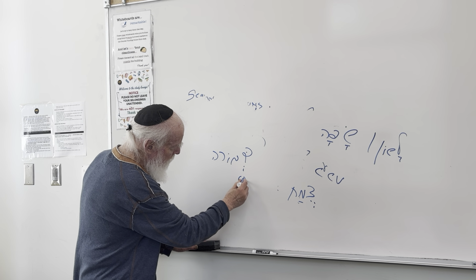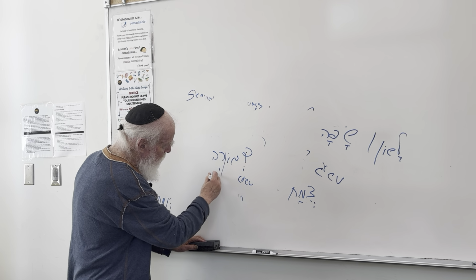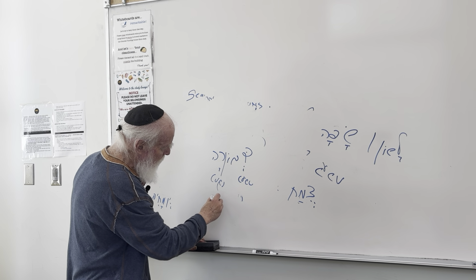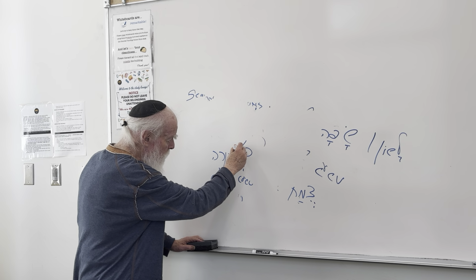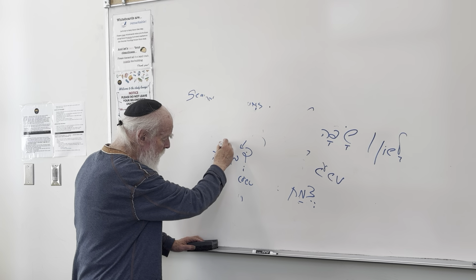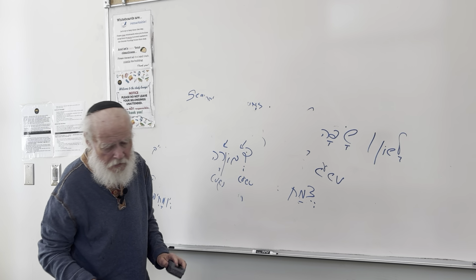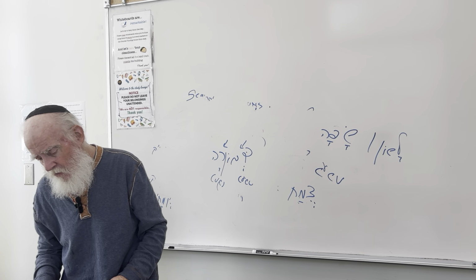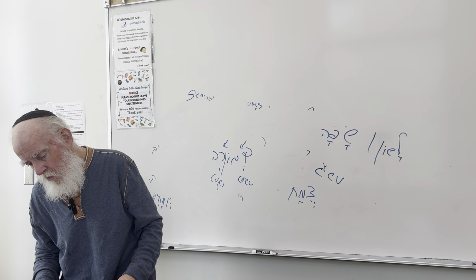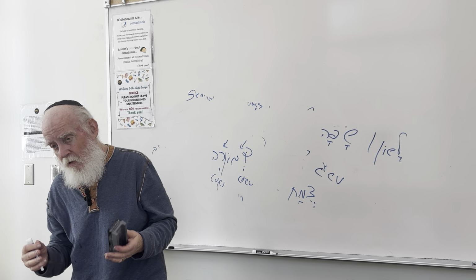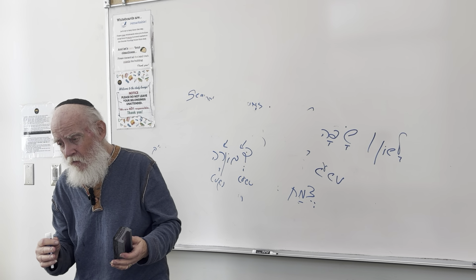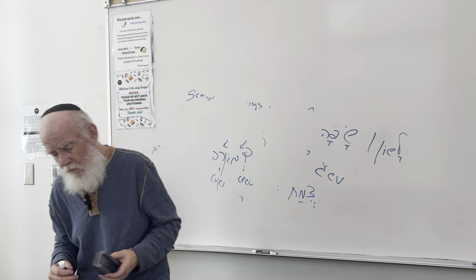It's CV, first syllable, and CV with C in brackets for the second. If I accent the first syllable, Devorah, it will be the name Deborah. Accent the second syllable, Devorah, and it is the word for bee.